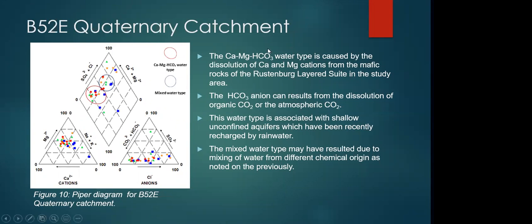And then the bicarbonate is sourced from the dissolution of organic carbon dioxide or atmospheric carbon dioxide. So the water which has this water type is associated with unconfined aquifers, which have been recently recharged by rainwater.